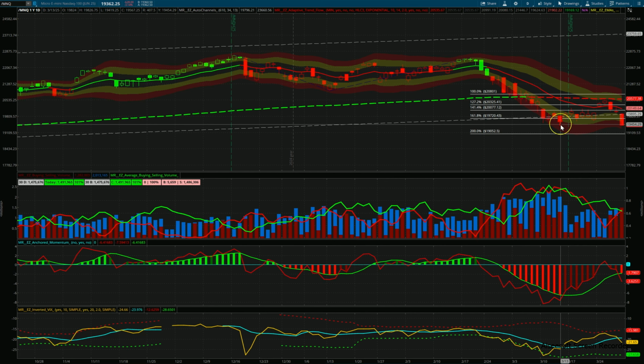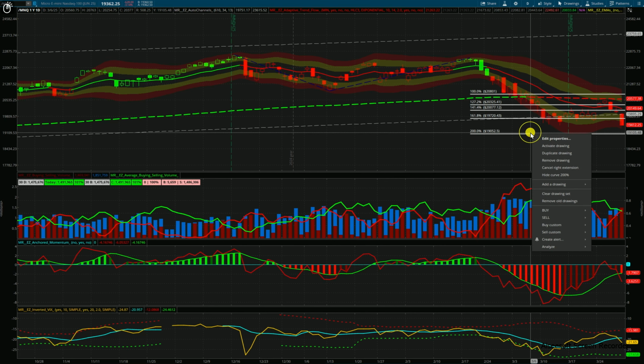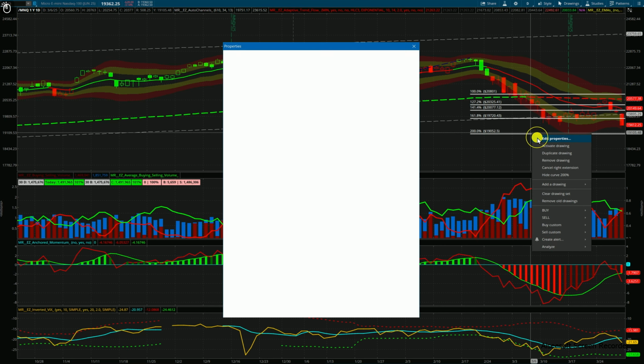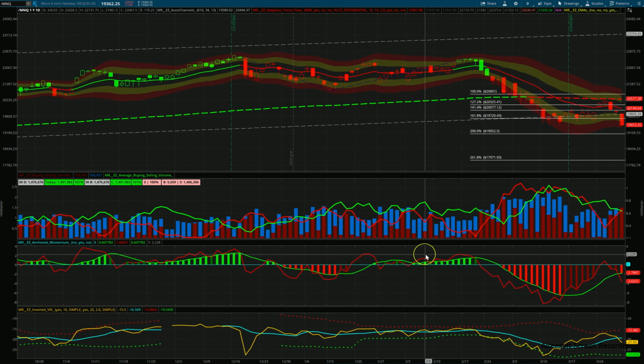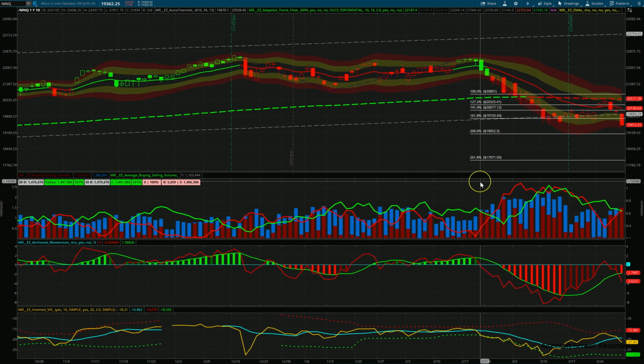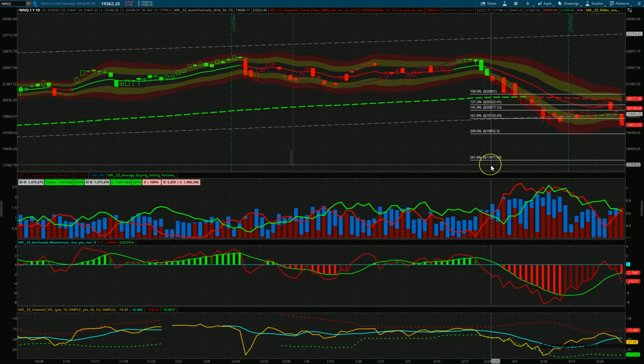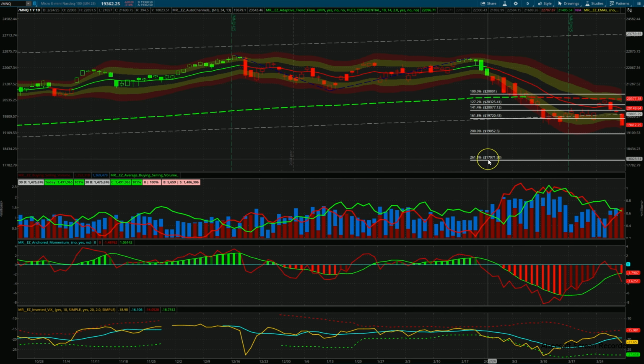Okay. So what I'm going to do is right click on the Fibonacci, and I'm going to put in the 2618, or 261.8%. All right. Now that's a heck of a ways down. But I don't think that the 261.8 is where this stops.